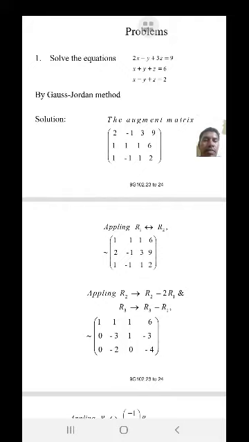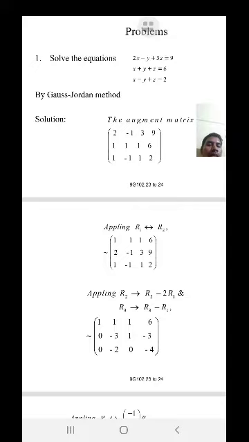Next, applying R2 minus 2 into R1, because in the first column we need 1 0 0. So we do R2 minus 2 R1. Next, in the third row, the first element also we need 0. That's why we do R3 gives R3 minus R1.